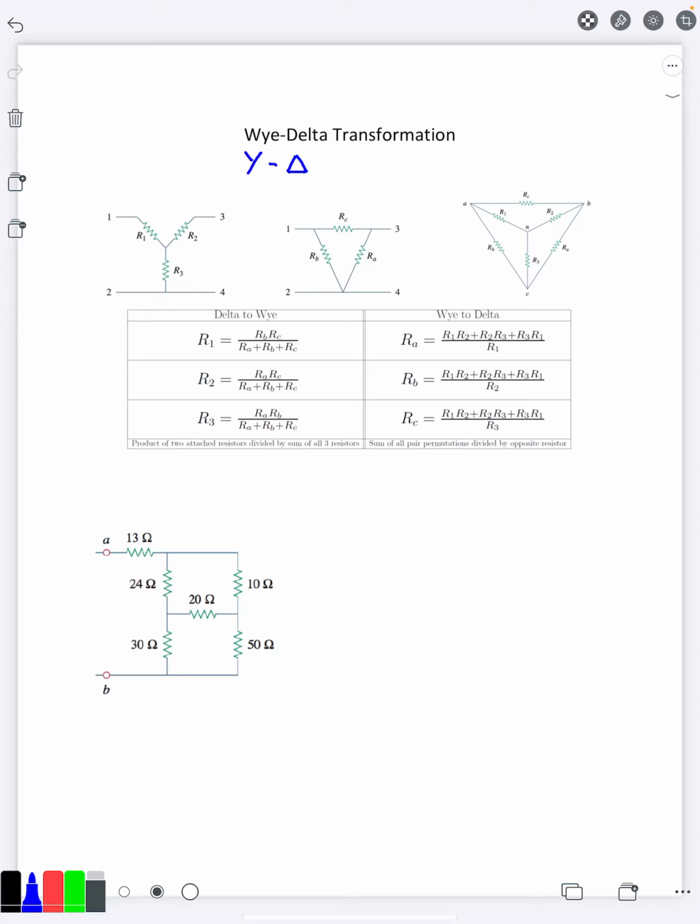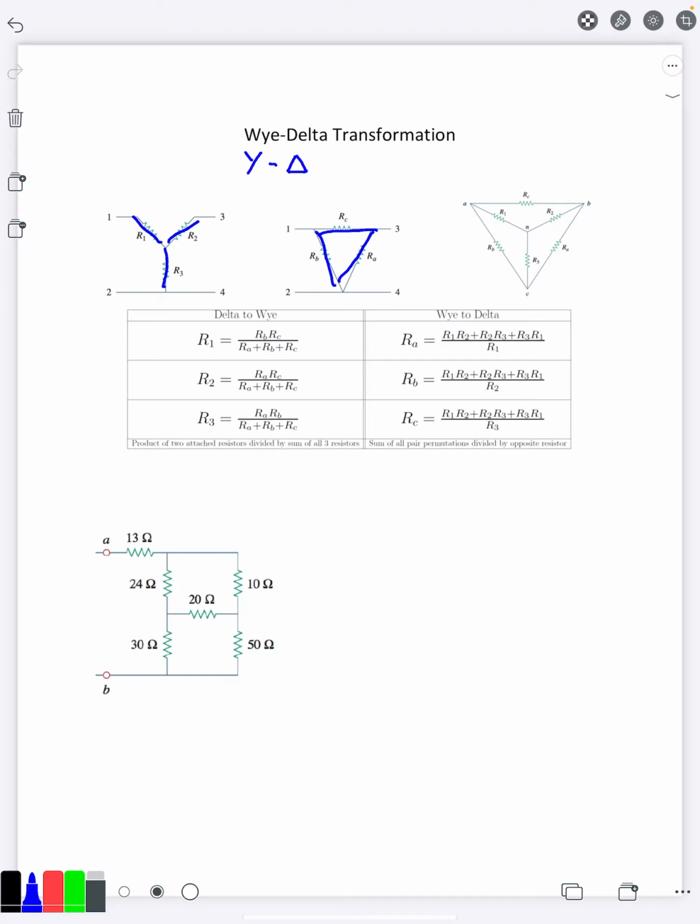And there's nothing you can do at that point. However, with the Wye Delta transformation, you can take resistors that are not in series or parallel but happen to be in either the Y configuration or the delta configuration, and you can convert them back and forth.